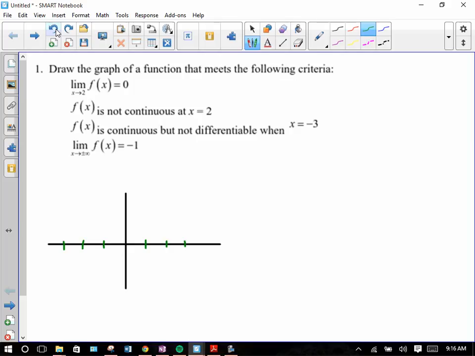So we know right there is going to be a hole. Alright, so there's my hole right there, x equals 2 at 0. Now, we said that the limit is 0. So we know that there's going to be part of the graph coming off this way, part of the graph coming off that way, and there's going to be a hole there.